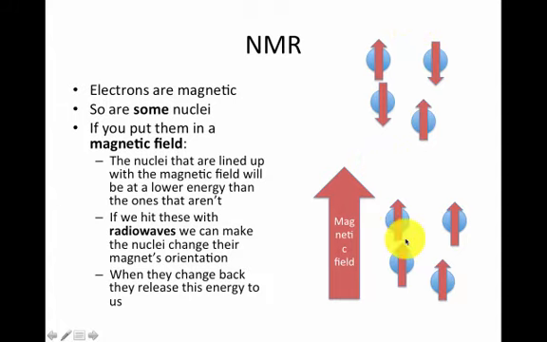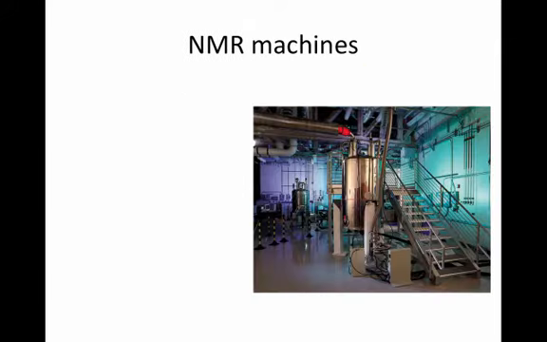And if we hit the atom with some radio waves, we can make it change its orientation to be against the magnetic field. It will then flip back once we've stopped hitting it with radio waves and release the energy back to us, so we can see how much energy is required to flip the nucleus. And that is exactly how an NMR machine works.